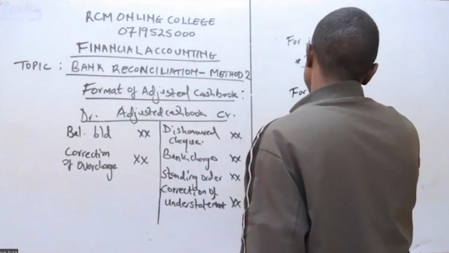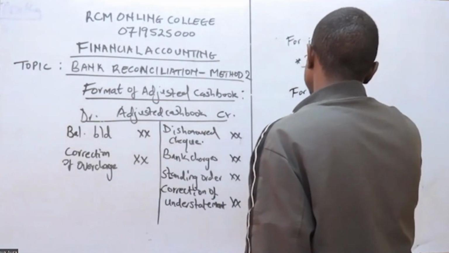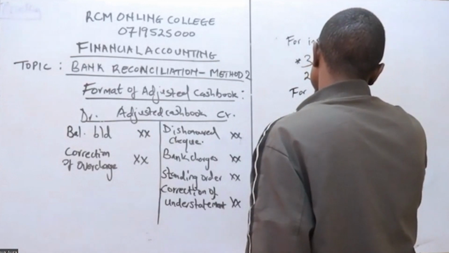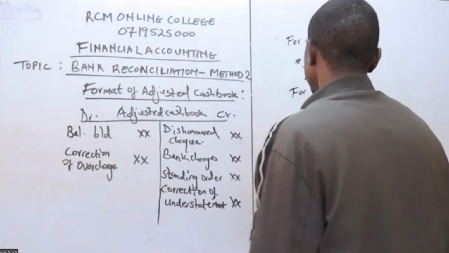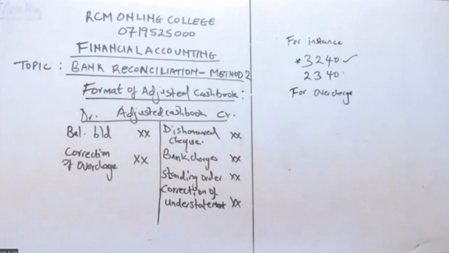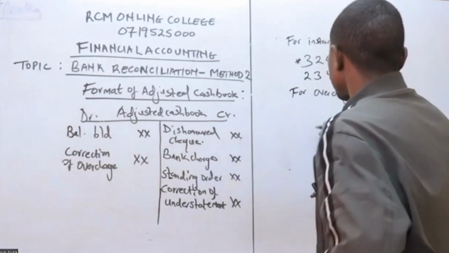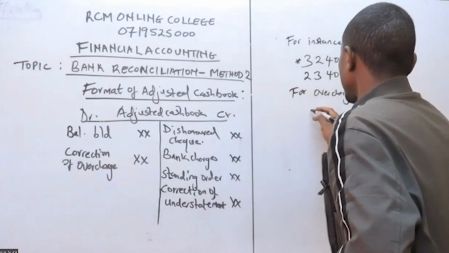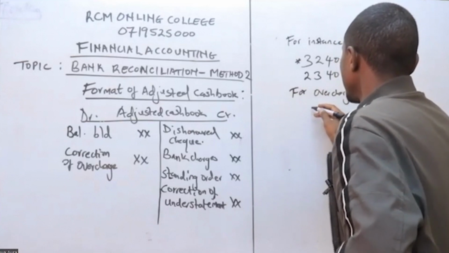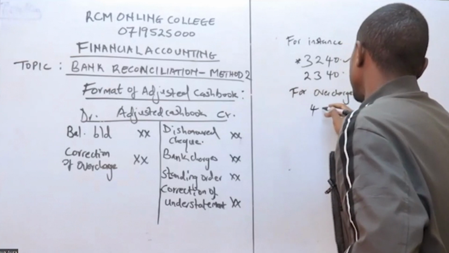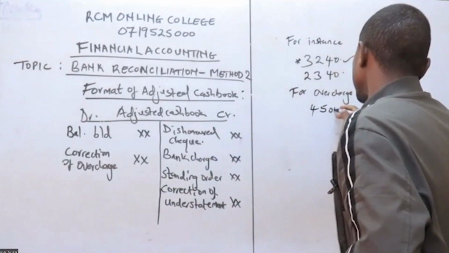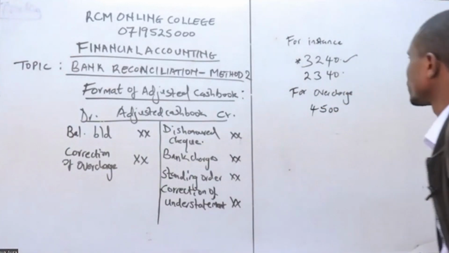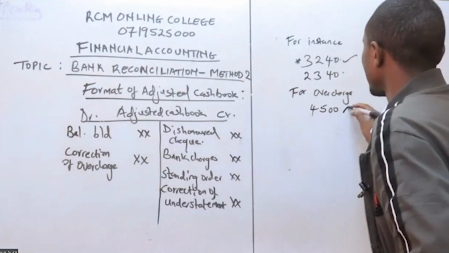So for overcharge, you can give an example. You find that maybe you had a transaction which had a value of say 4,500.